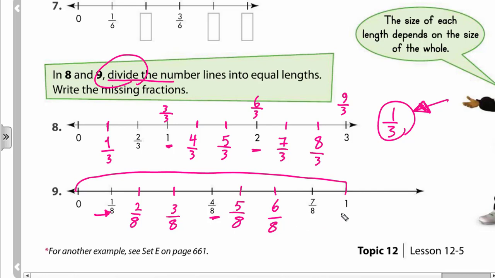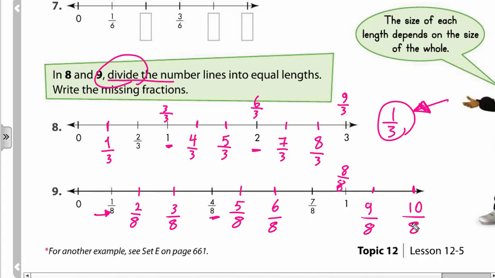Okay, and here we have 7/8, and the whole one itself is 8/8. Great. And after 8/8, we can put more here. So the next one will be 9/8, and after 9/8, 10/8. Thank you. You are a star. Wow, I have many stars in this class. Thank you, my hero. Great work.